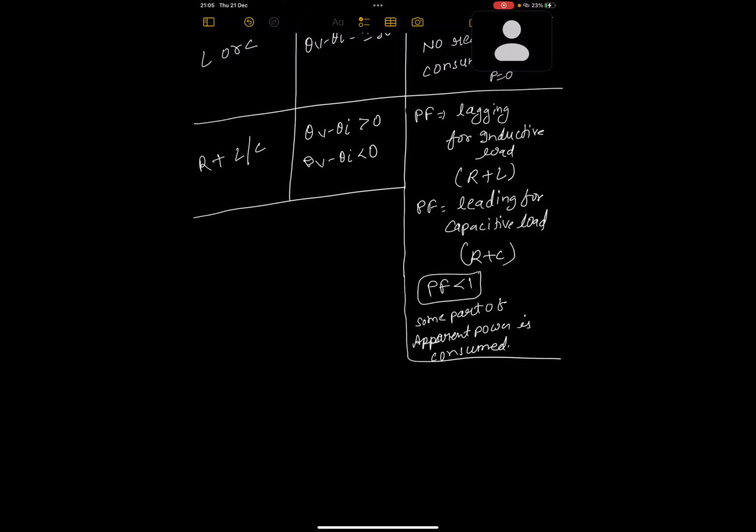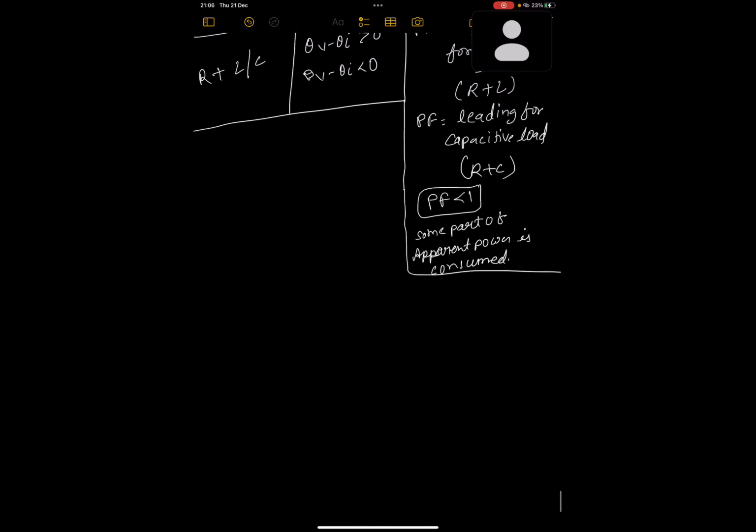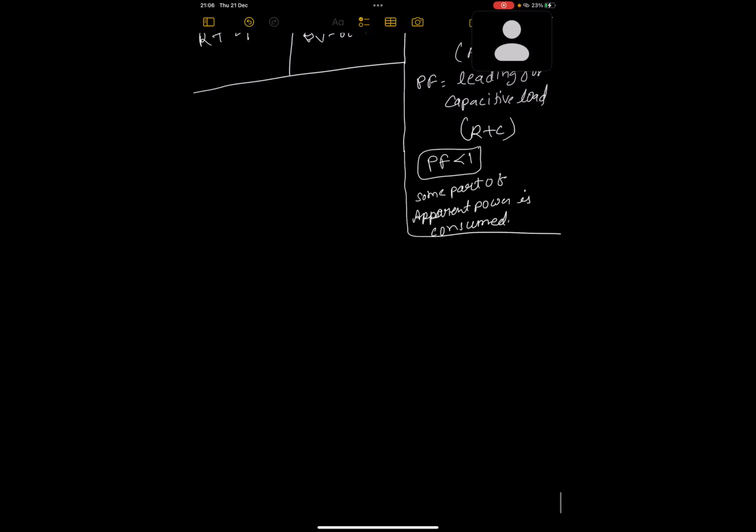This one is your concept of power factor, distortion factor, displacement factor, but the most important factor is the power factor, represented by cos theta. Okay. Here are some triangles: one is the power triangle, another is the impedance triangle.